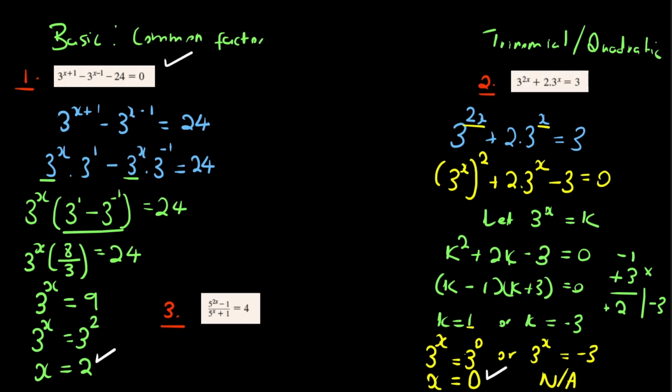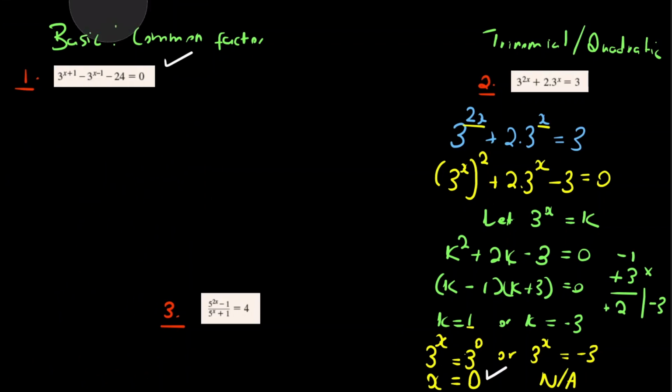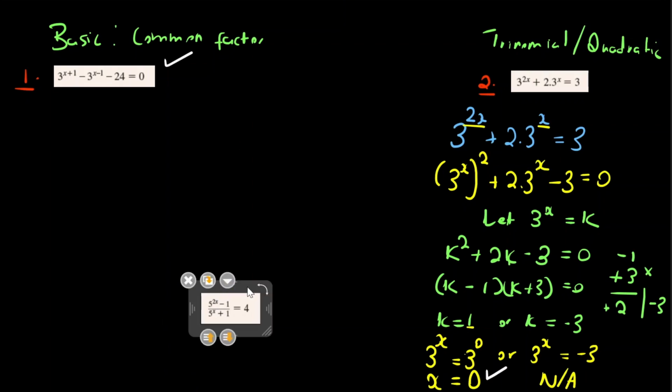So take note of the two types, and we'll move on to the next type now. The next type is the one where we're given a random equation and it looks a bit intimidating. So I'll erase all our workings here, and I'll move all this so it's visibly clear.